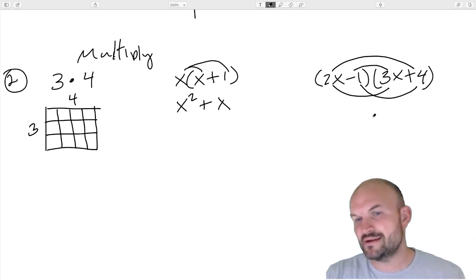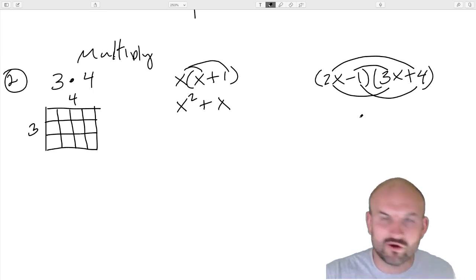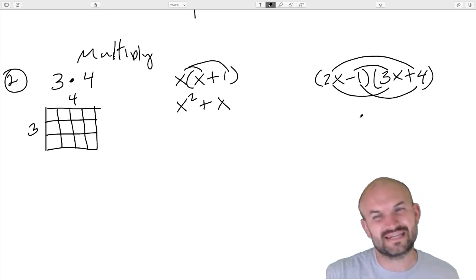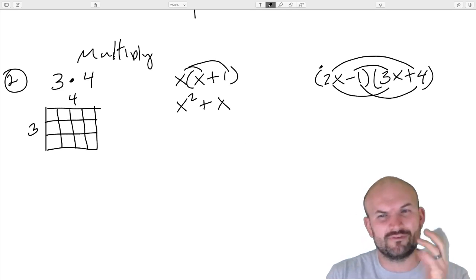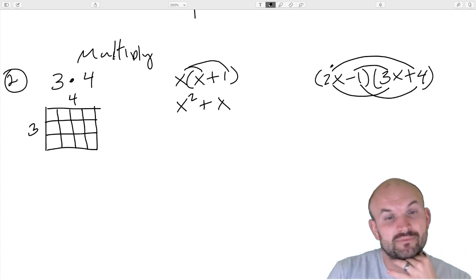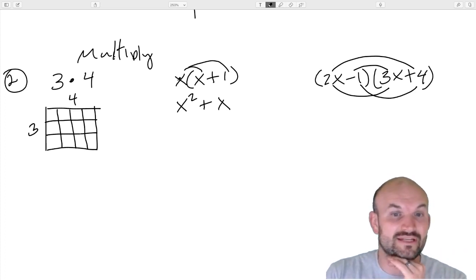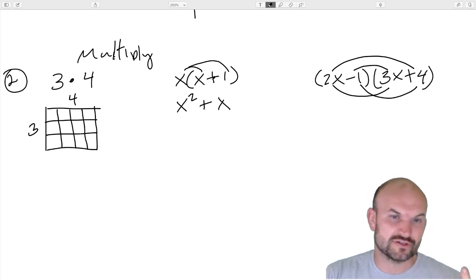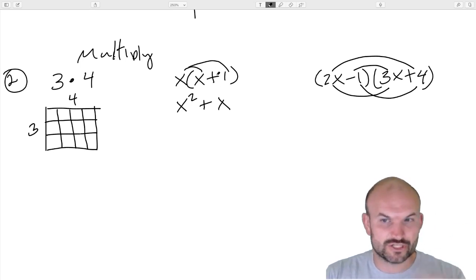And sometimes we can solve this with the FOIL method, or I think I even did the FOIL upside down. Either way, whatever trick you can remember to apply the distributive property. But basically, when you have something outside the parentheses, you need to multiply it times every single term inside the parentheses. And obviously those terms need to be separated by addition or subtraction, right?